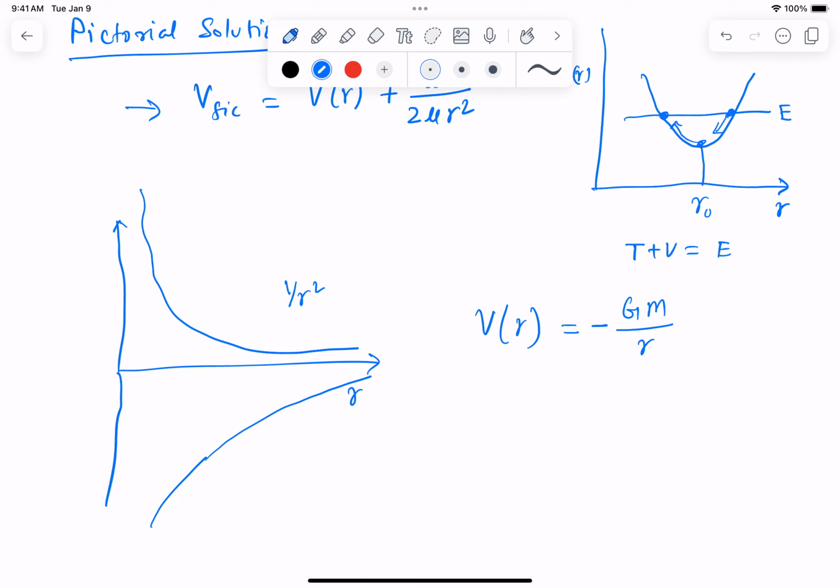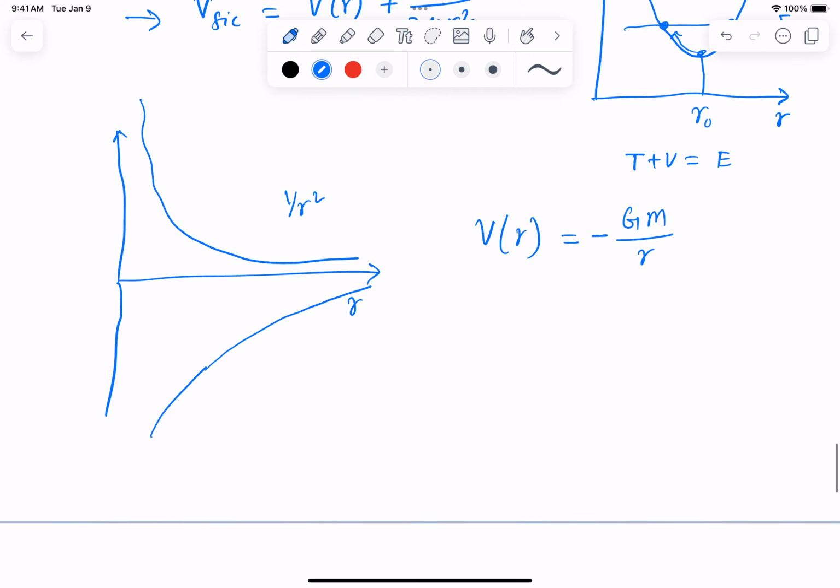And if you look at the fictitious potential, V fictitious, which is L square over 2mR square minus Gm over R, that is the combination of these two curves, 1 over R square and 1 over R, and that looks something like this.